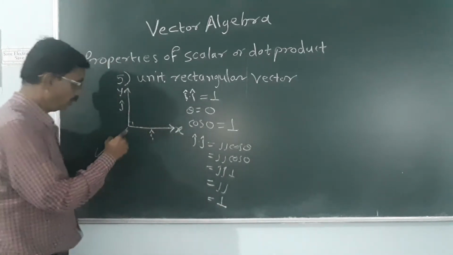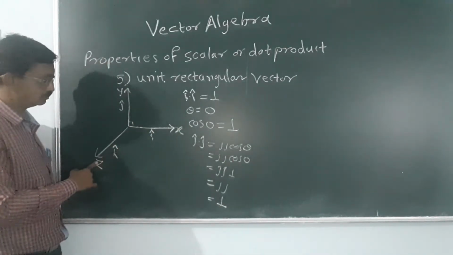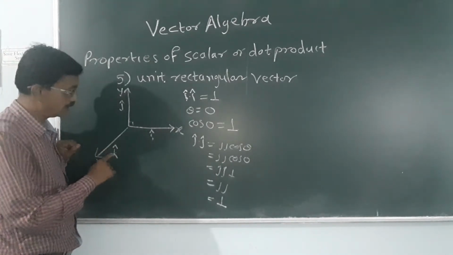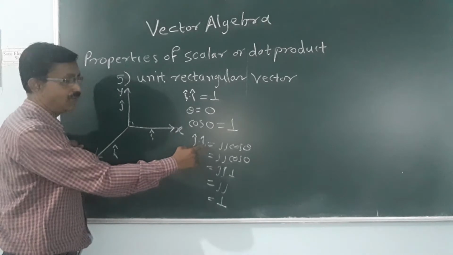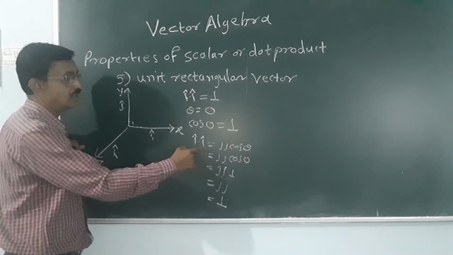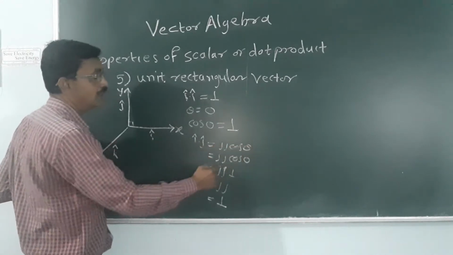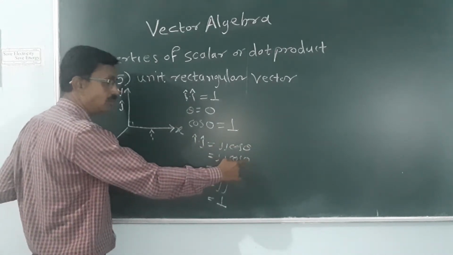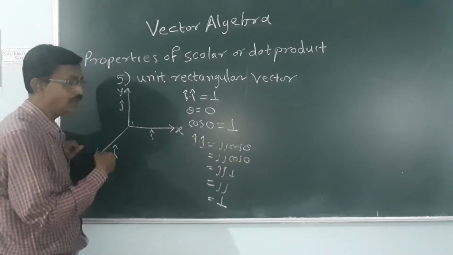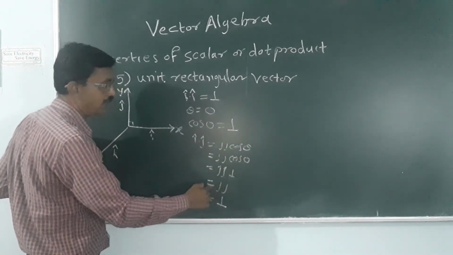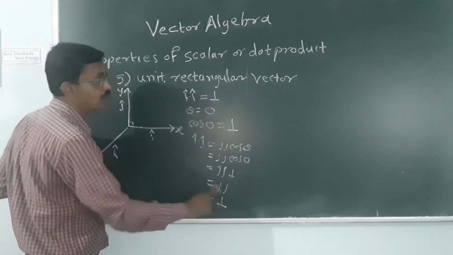Similarly, unit vector j dot unit vector j has the value 1. Similarly for z, denoted by unit vector k cap, k dot k equals k cos 0. As these are parallel and equal in magnitude, cos 0 is equal to 1, so k dot k represents 1.